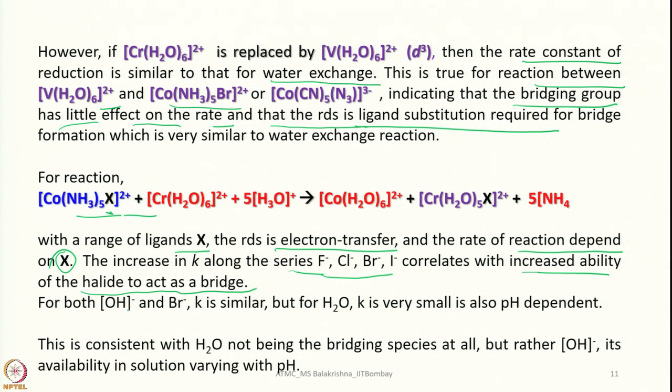For both hydroxyl group and bromide, k is similar, but for water k is very small, and is also pH dependent. So, this is consistent with water not being the bridging species at all, but rather the hydroxyl group, which is available in solution at varying pH.